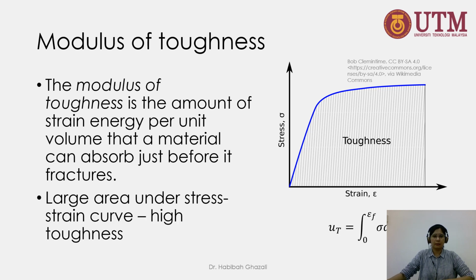Materials that exhibit a large area under the stress strain curve have higher toughness, so they can absorb more energy before they fracture. Normally, ductile materials will have a large area under their stress strain curve, and brittle materials can only absorb little energy before they start to fracture.